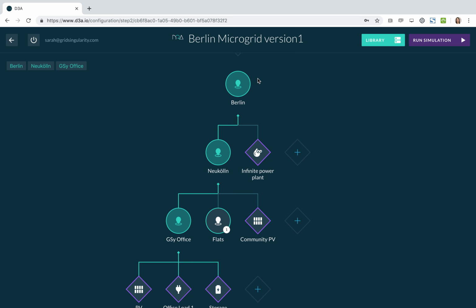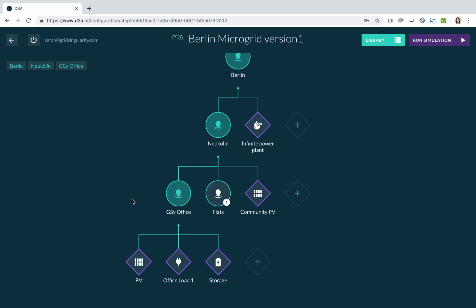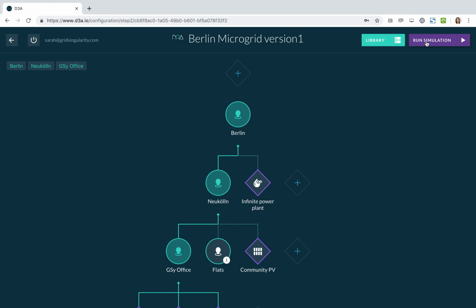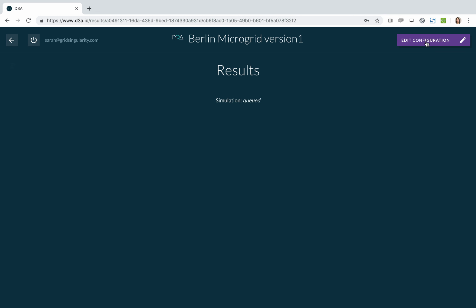Then you could look at the total energy going into and coming out of the grid, and at the energy bills for your community and how they evolve over time, in order to prove whether this is a good business use case. I'll go ahead and run the simulation.